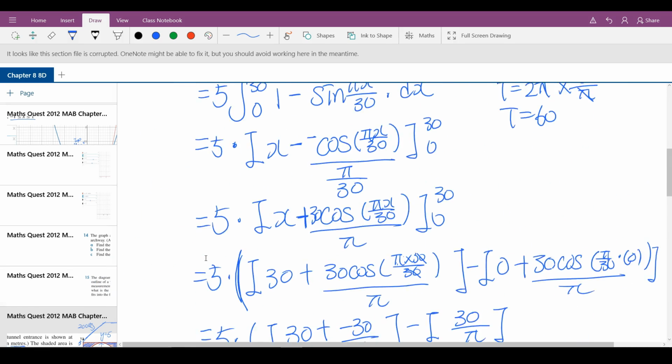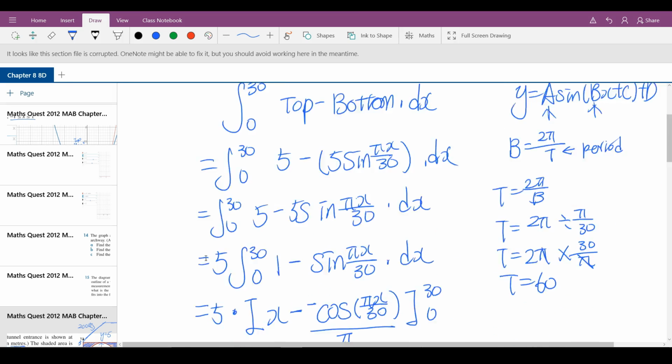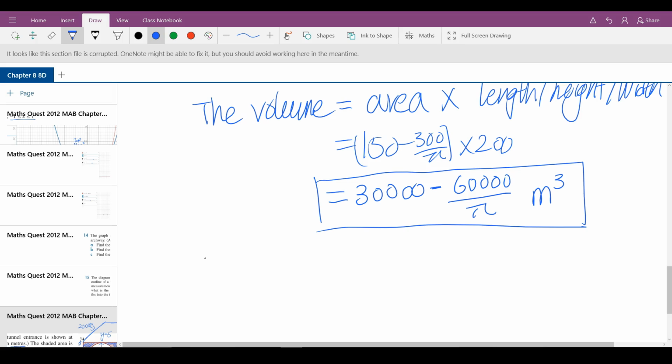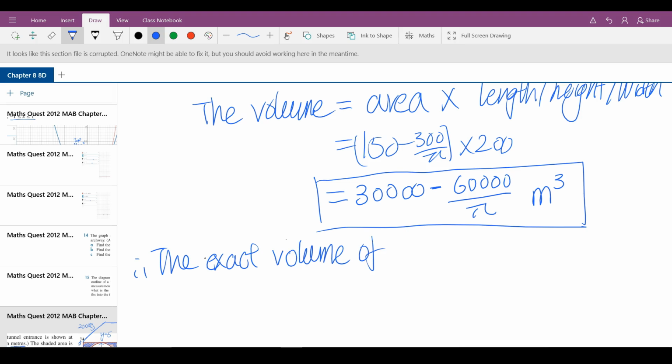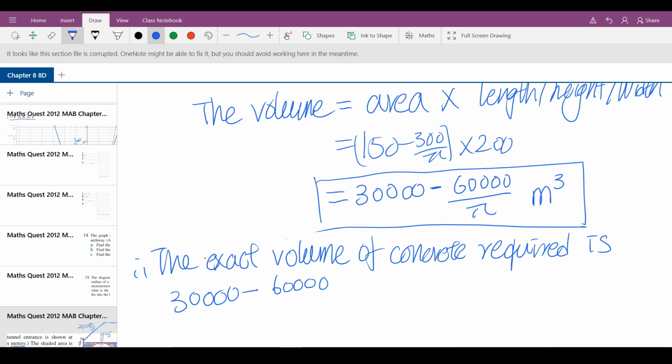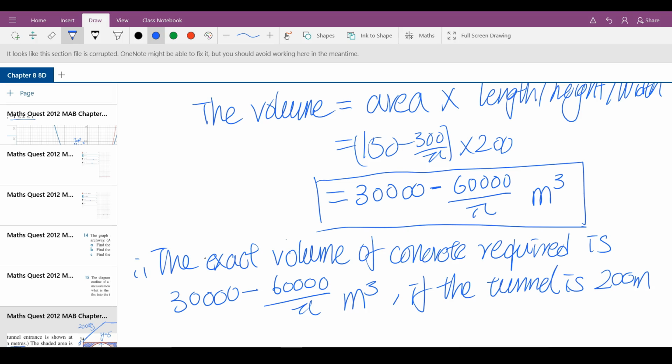All right, so what's the answer? What's the question? The exact volume of concrete required. Therefore, the exact volume of concrete required is 30,000 minus 60,000 over pi meter cube if the tunnel is 200 meter long.